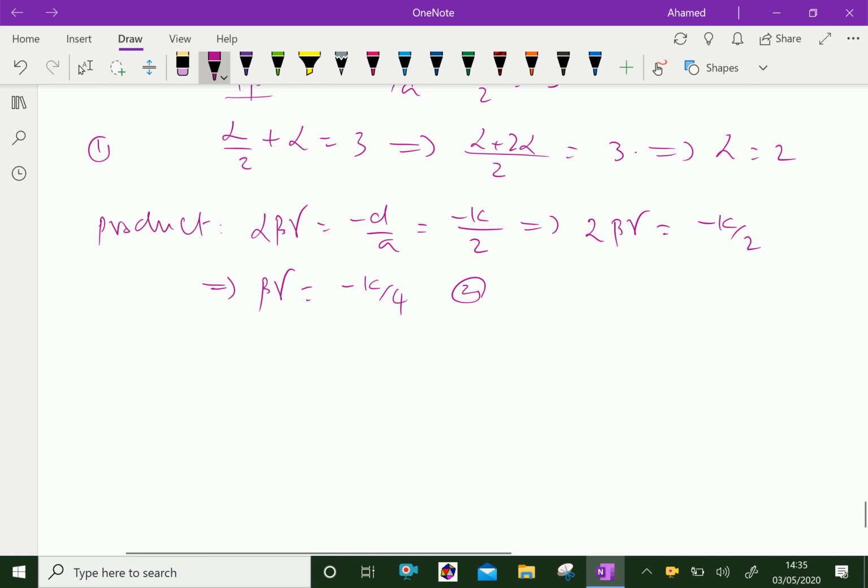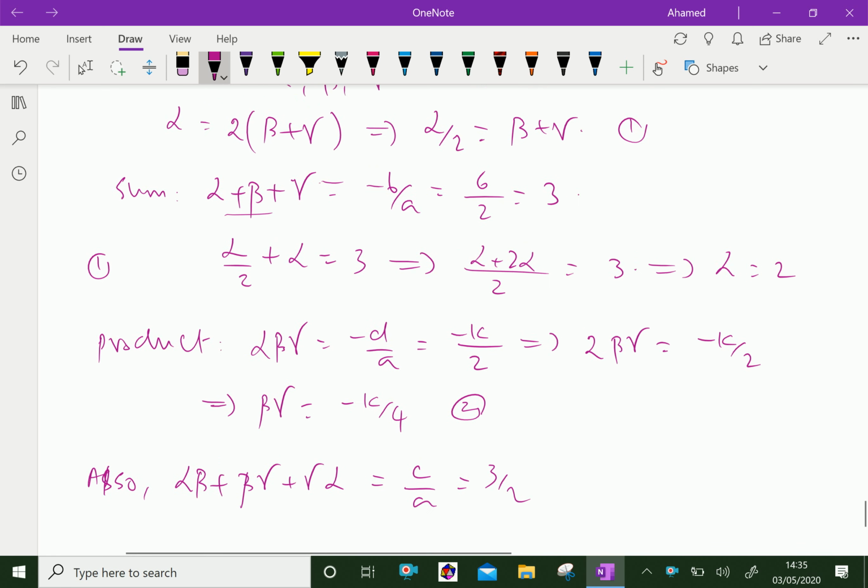Now we also have another relation: alpha beta plus beta gamma plus gamma alpha equal c by a, which is equal to 3 by 2.